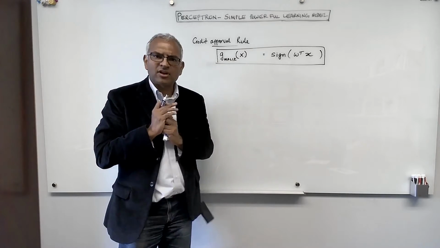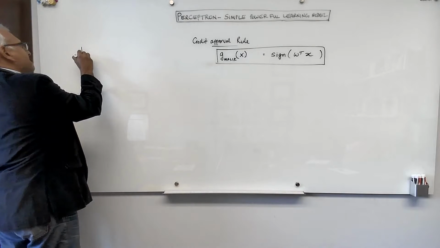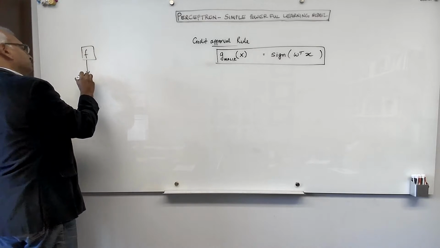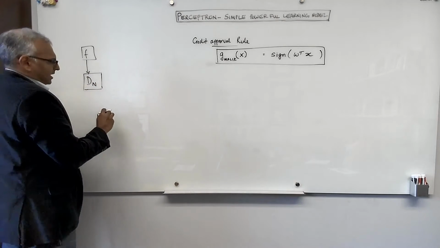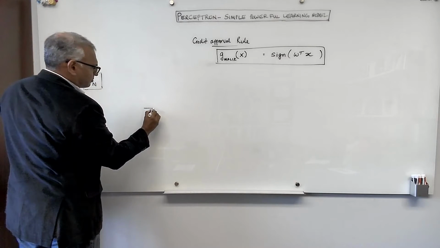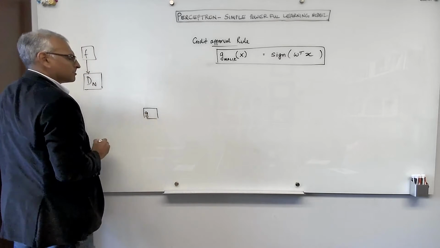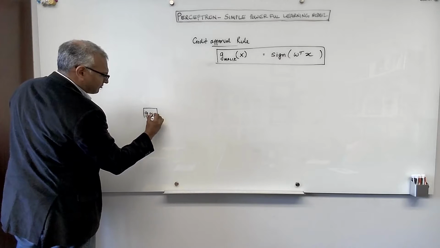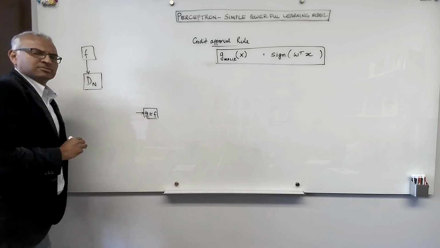We set up a framework for learning in which you have a target function, f, that produces a data set, D_N. And the final output of the learning process is this g, which is supposed to approximate f. And we said that whenever you produce a g that approximates f, then you have learned.